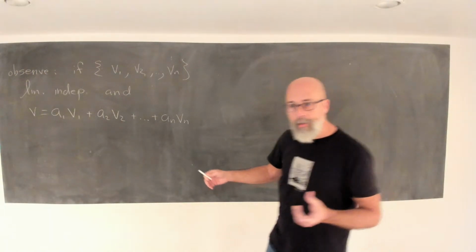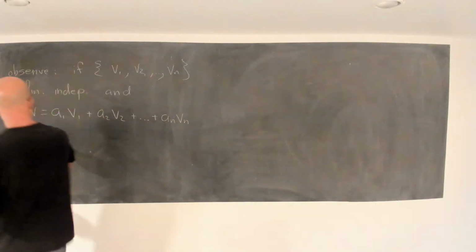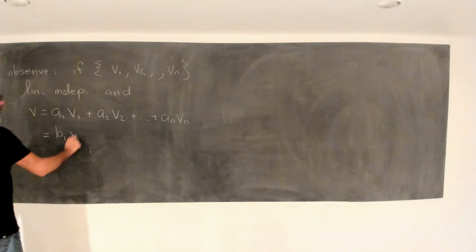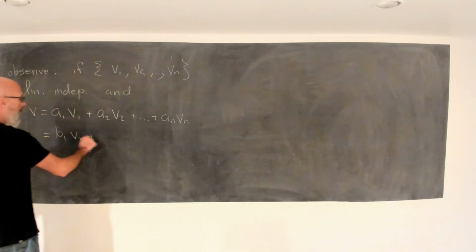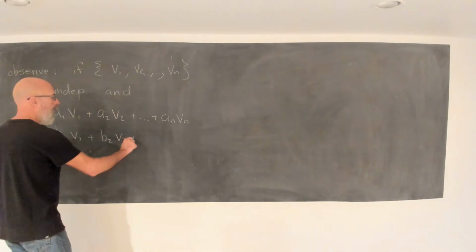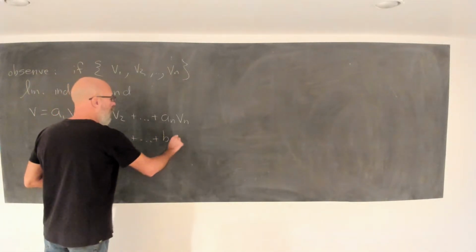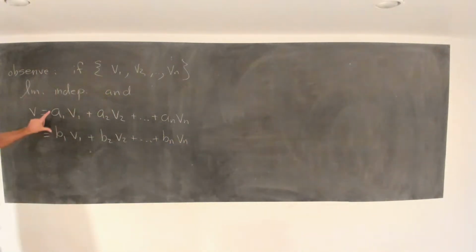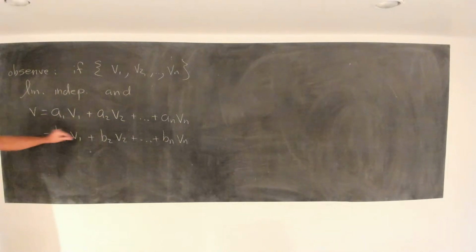Suppose there were two ways. Suppose it's also b1 v1 plus b2 v2, and so on, all the way to bn vn. Then you have these two things equal to each other, so bring it over to the other side.